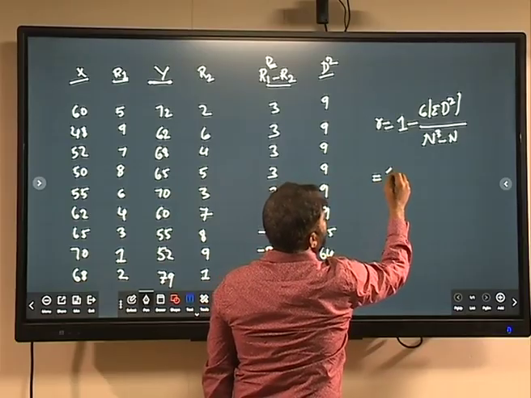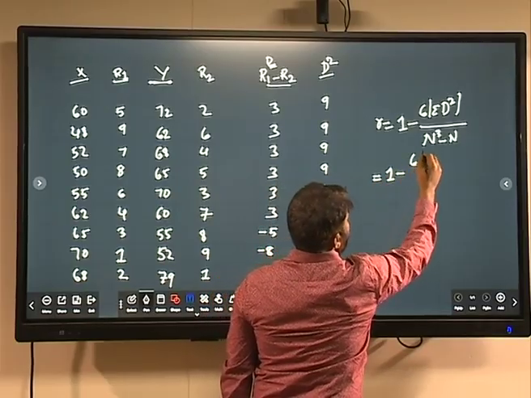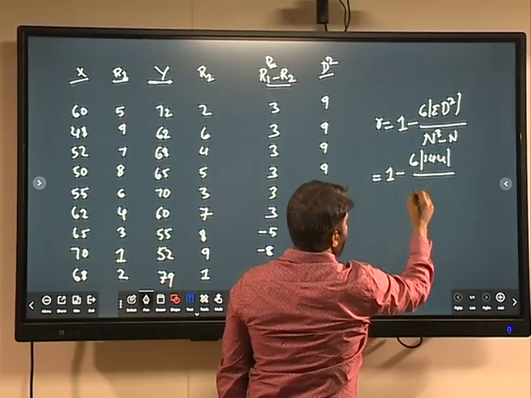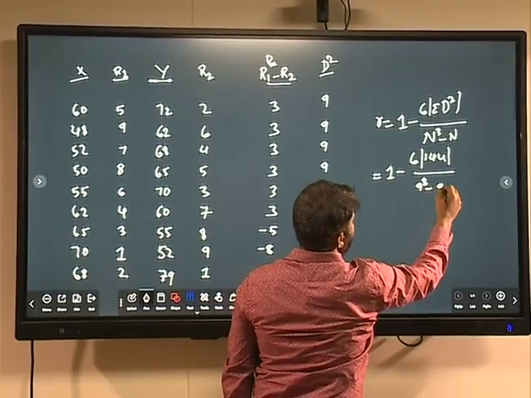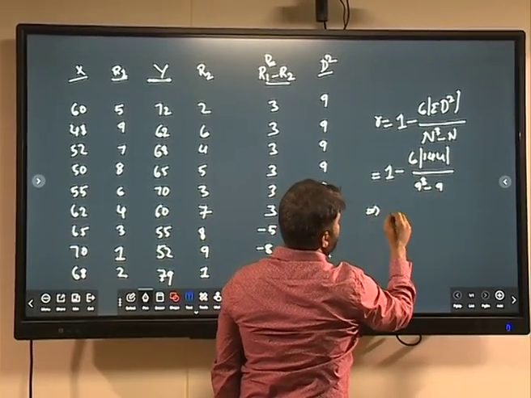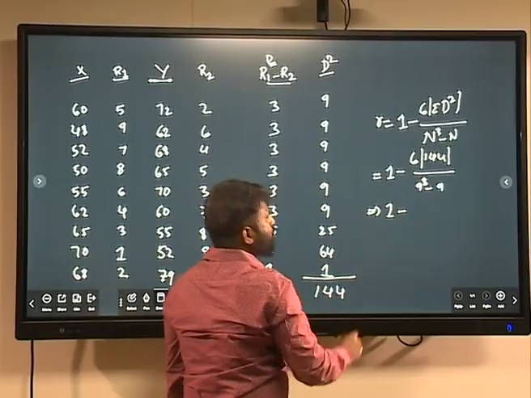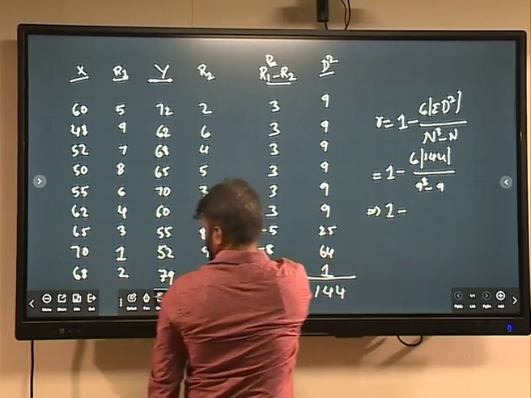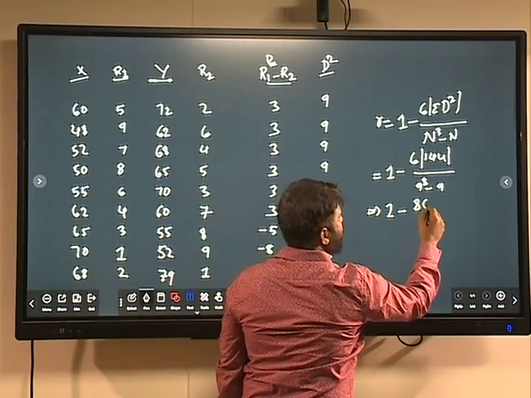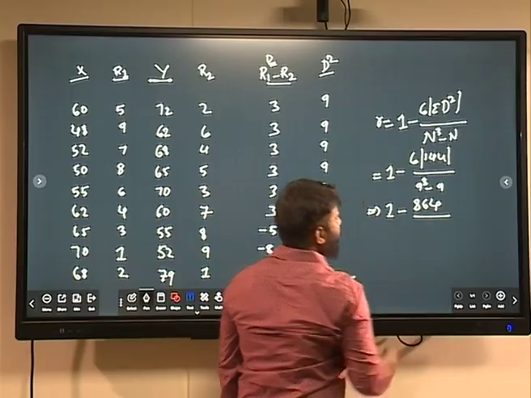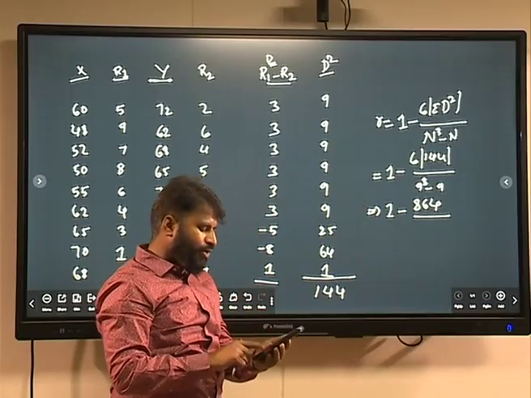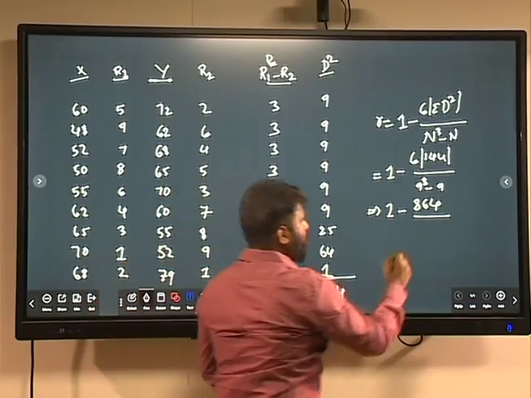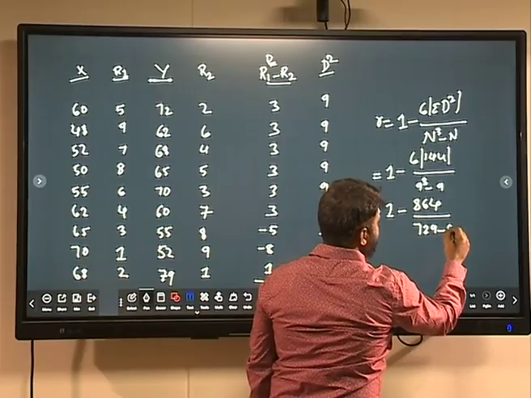So, simply 1 minus 6 into 144, divided by 9 cube minus 9. Next step: 1 minus, so 6 into 144, that is 864, divided by 9 cube, meaning 9 into 9 into 9, that is 729, minus 9.